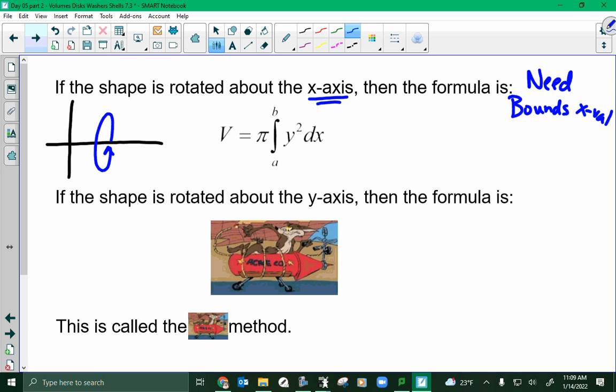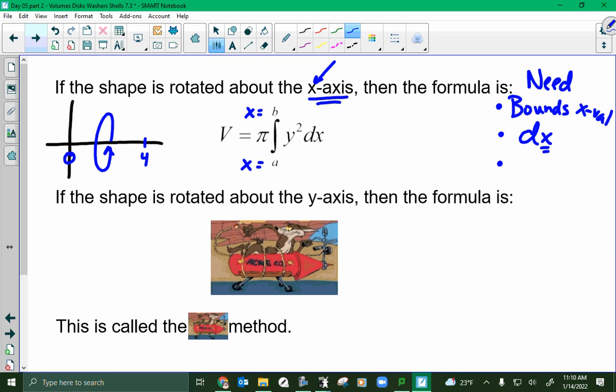Okay? In the case of the cone we just did, it was from 0 to 4, right? So these should be x values. Your dummy variable needs to be dx. If you're rotating about the x-axis, your dummy needs to be dx.